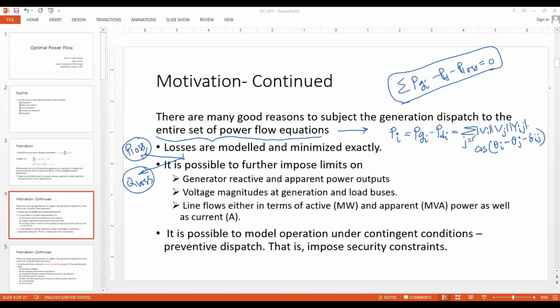And here we have a summation j equals 1 to n number of buses.